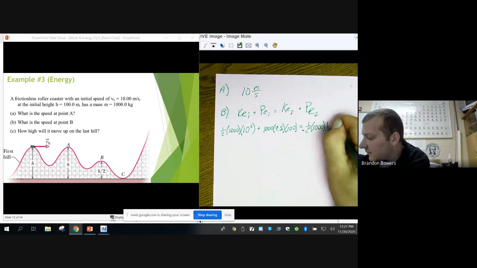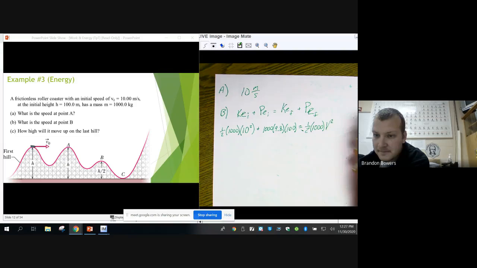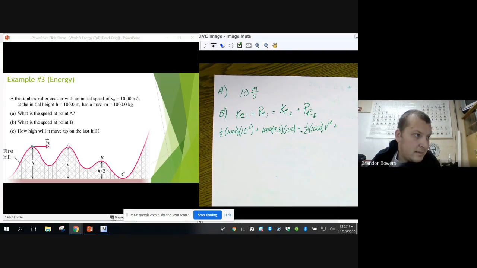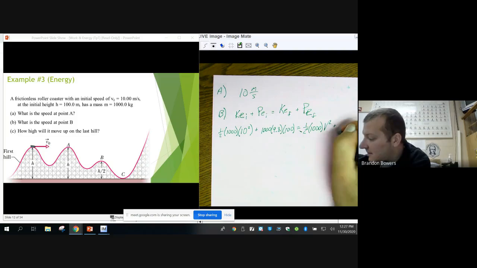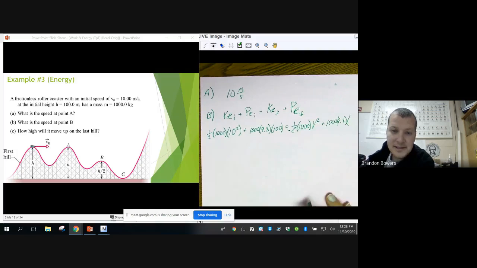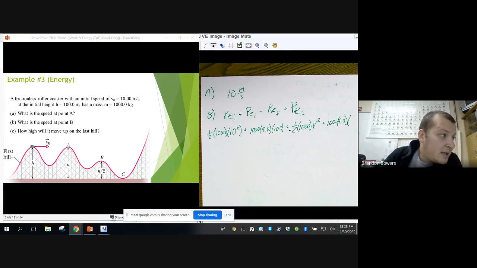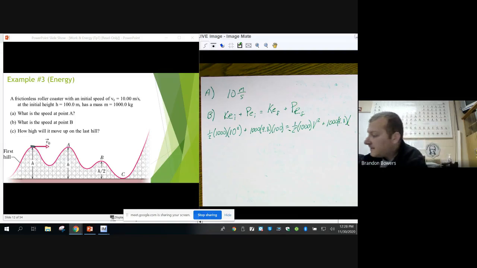No, that's what I'm solving for. So velocity squared plus mass times gravity times height. So mass times gravity times the height. My initial height was 100. Here I know it's half of that, right? So if you look on the PowerPoint, half of 100 would be 50.